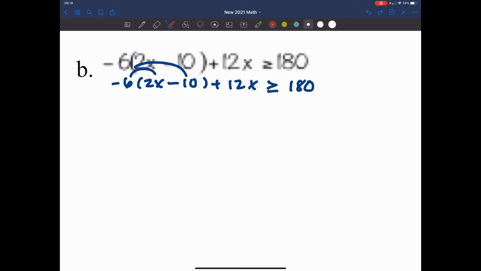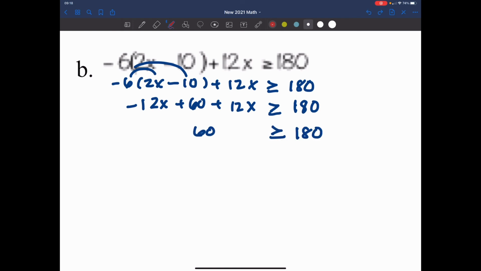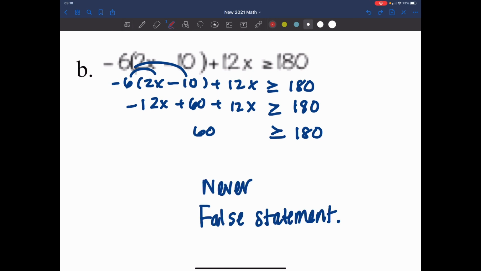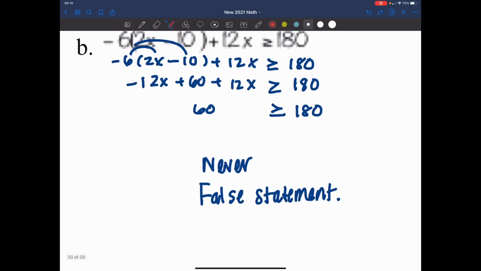So -6 is going to get distributed into the parentheses. So I get -12x plus 60 plus 12x is greater than or equal to 180. I collect like terms, so I get 60 is greater than or equal to 180. And unfortunately, this is false, and this is never true.